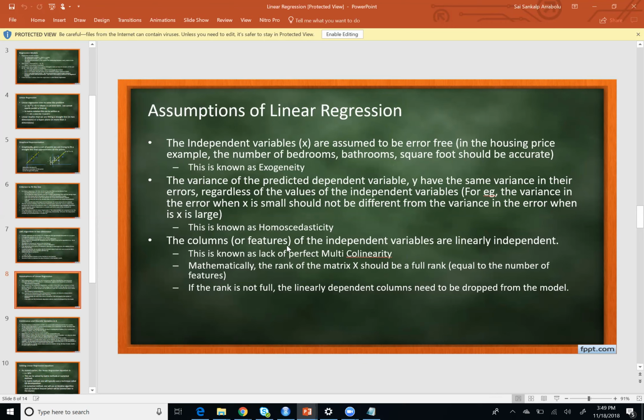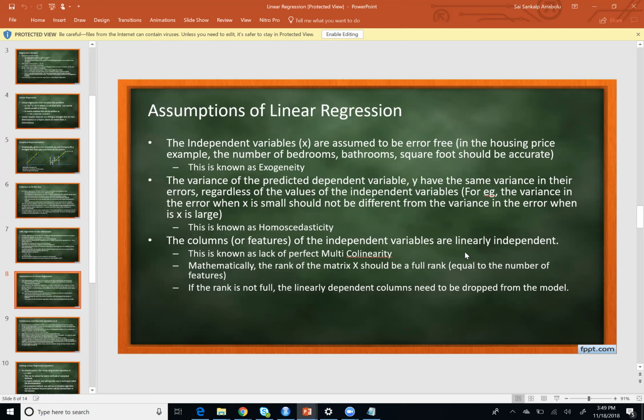This is called homoscedasticity. If you hear this term, it means that is an assumption in linear regression, that the variance in the predicted dependent variable is coming from error. That assumption is called this.